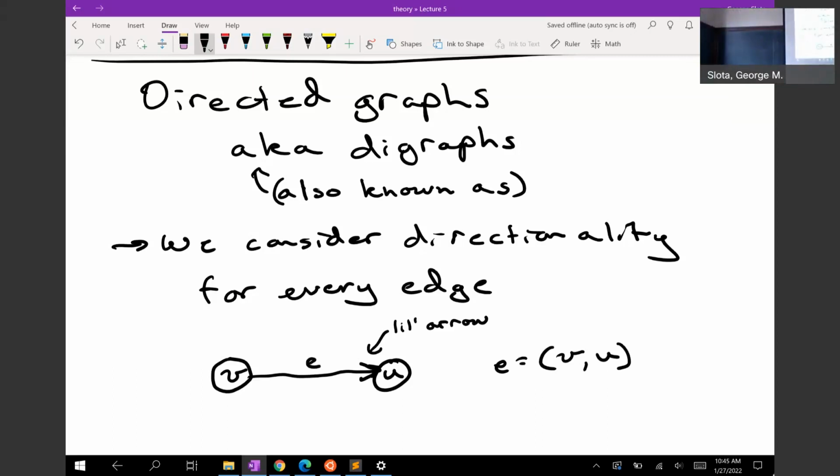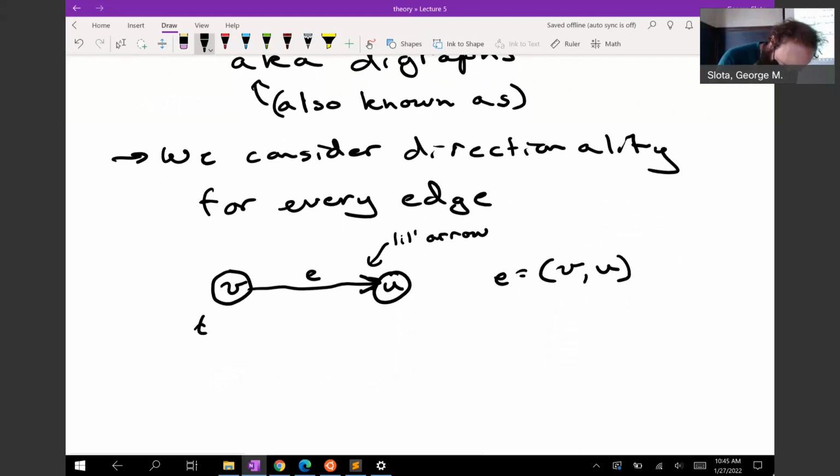So the way we write the edge actually becomes somewhat important. When we're considering an edge, we write the vertex the edge is coming out of and where that edge is going. So the edge is coming from V going to U. We also have terminology, head and tail for both sides of that edge.